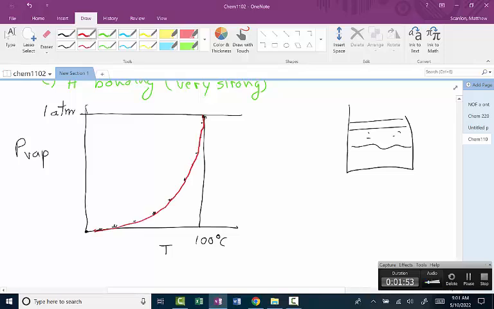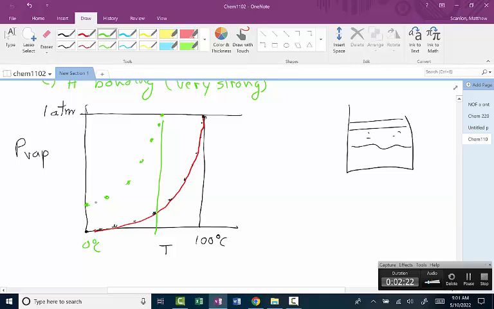Water has very strong intermolecular forces as things go. If I do a different compound, one with weaker intermolecular forces, the vapor pressure is a lot higher at 0 degrees. It starts out higher and it goes up. It's the same kind of curve, and it will go until it reaches 1 atmosphere, atmospheric pressure, and then boiling would occur at this temperature.